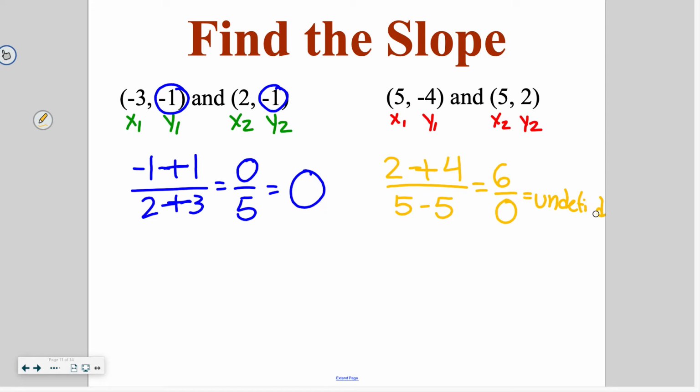So when we end up with 0 on the bottom, or in that denominator, we have an undefined slope. This occurs when your x values match. So if you notice that your y values match, you can automatically know that the slope is 0. If you notice that your x values match, you automatically know that the slope is undefined.